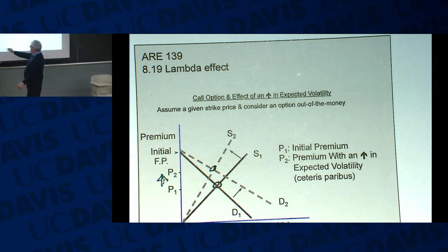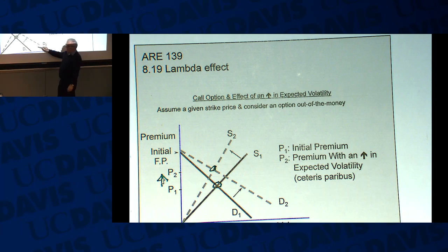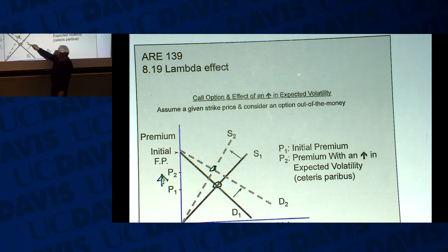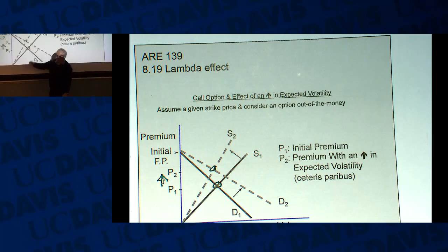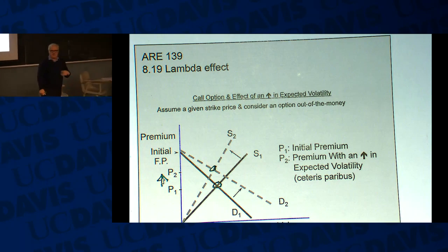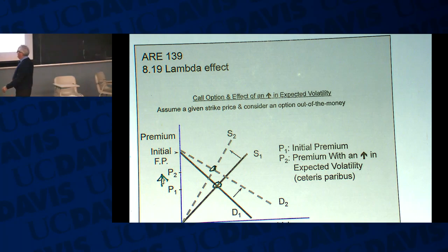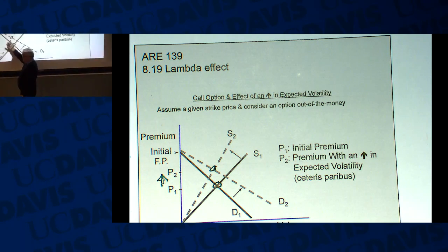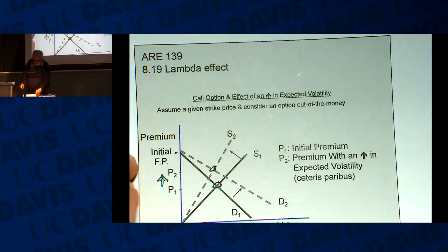So the willingness to pay, which is on the demand curve, is going to increase for any volume. Similarly, the sellers of the options, they're trying to make a living. If volatility goes up, they're going to charge a higher price. So that's why the lambda effect tells us that higher volatility means a higher premium.